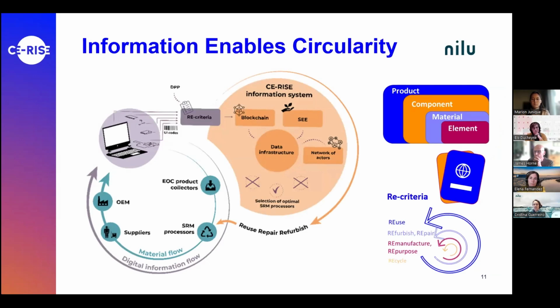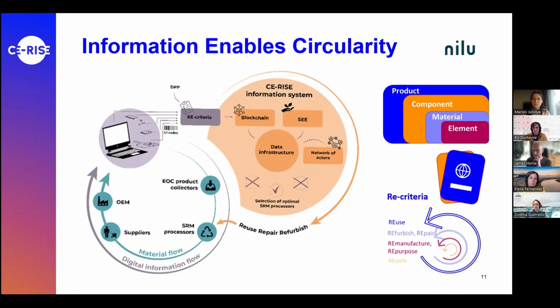DiCE is defining a set of re-criteria, what we call re-criteria, to assess the circularity of products and identify optimal solutions to increase circular strategies like durability, reusability, upgradability, repairability, and recyclability of materials.